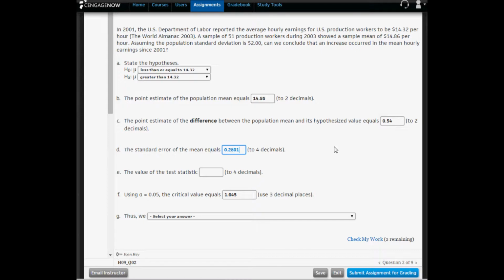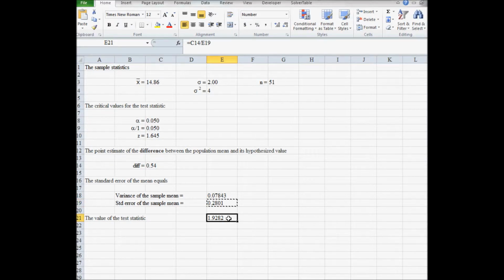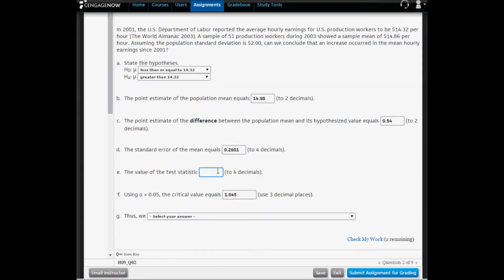So I'm going to paste in the standard error and the test statistic of 1.9282.